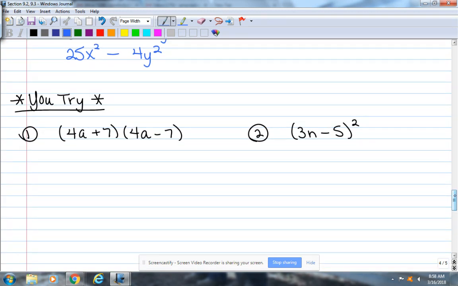All right, now try both of those. Yes, you square the first term and square the last term. Number two, there is no shortcut.